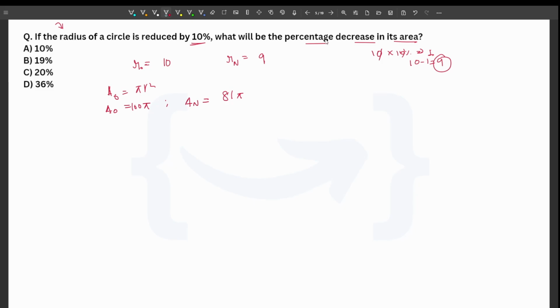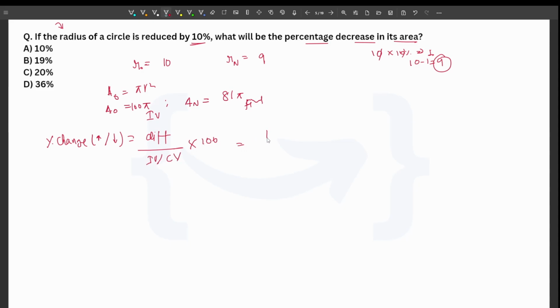So we all know the formula, which is the percentage change formula, which we just now studied. It could be increasing, it could be decreasing. So the difference of the initial value and the final value, divided by the initial value, into 100.